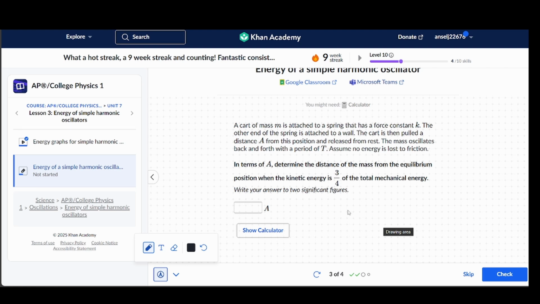That is attached to a spring that has a force constant K, and the other end of the spring is attached to a wall. The cart is then pulled a distance A from this position and released from rest. Released from rest, the mass oscillates back and forth with a period of T.